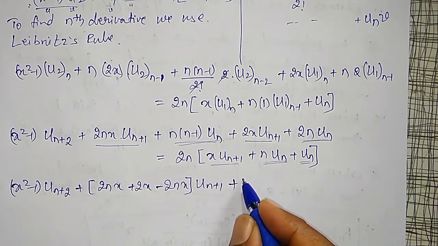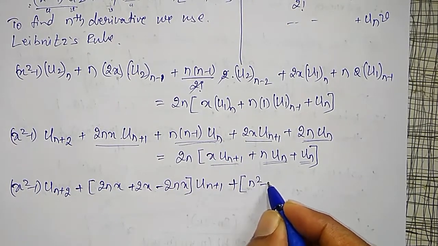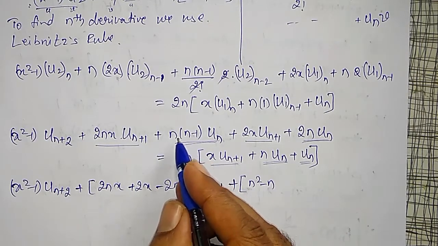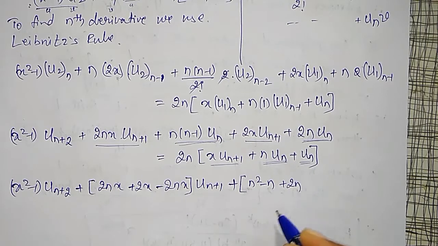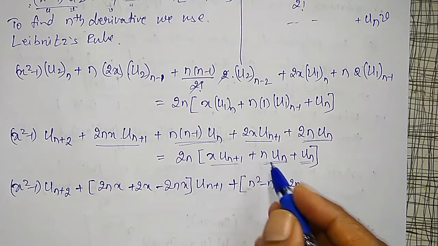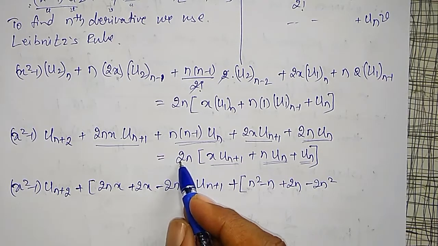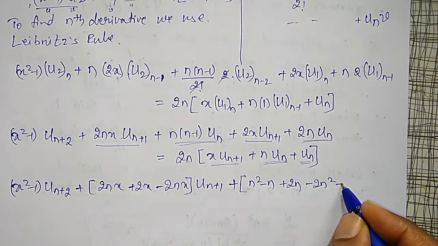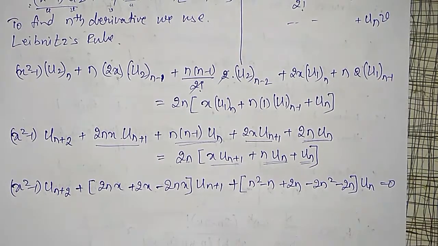I will take un common, that is n square minus n, and here plus 2n, and from the right hand side, brought to the left, 2n into n minus 2n square, then 2n into 1 minus 2n into un equal to 0.